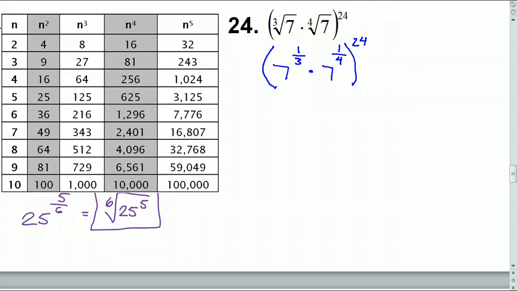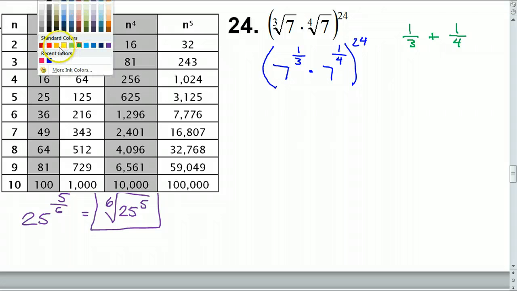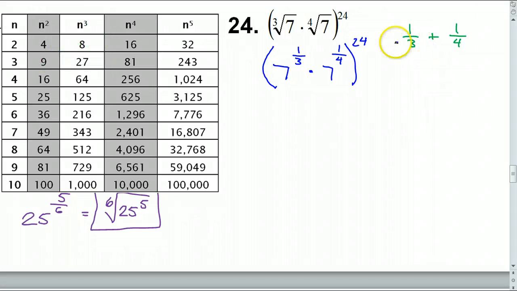So off to the side somewhere, I'm going to do this. Alright, so we're talking about 1/3 plus 1/4. So we will multiply this one by 4 to make 12, and we will multiply this one by 3 to make 12.